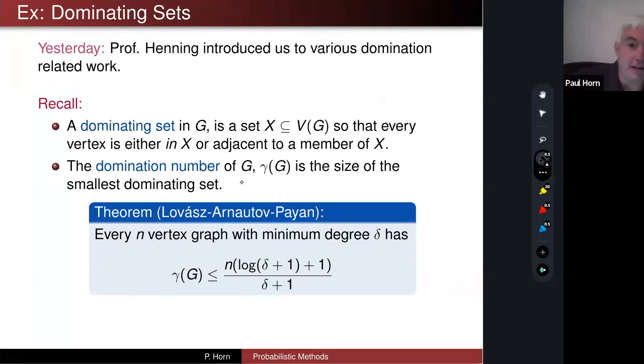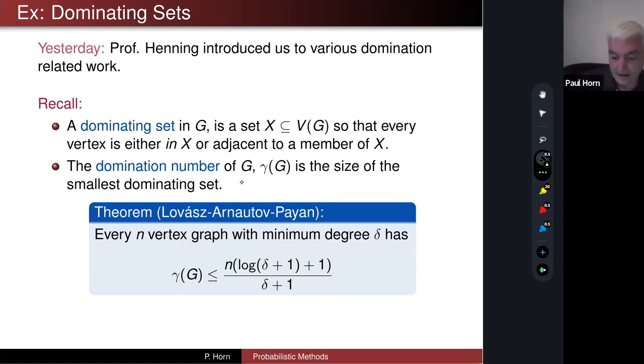Another thing that he did yesterday is he alluded to this result, which I want to show you here, that although this is very serious business and there's some difficult, hard mathematics here, there's actually an upper bound that he mentioned last time. It's almost a folklore theorem, but so far as I can tell, it's due independently to Lovász, Arnautov, and Payan.